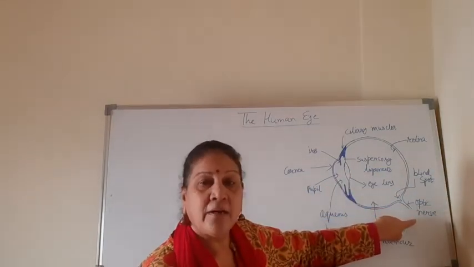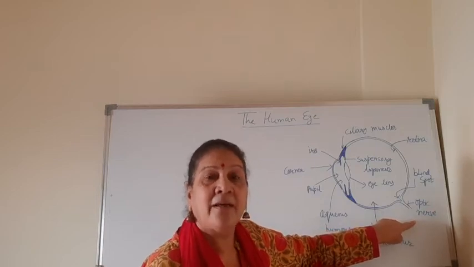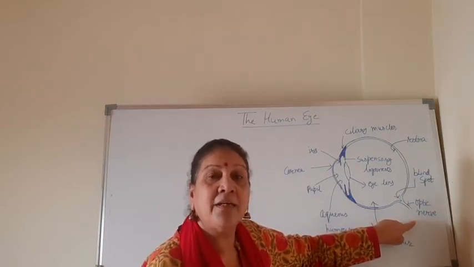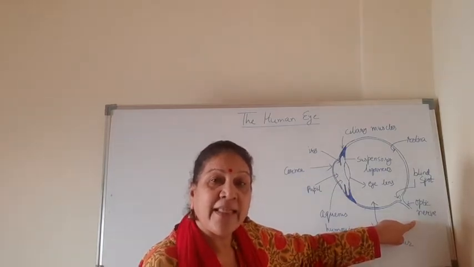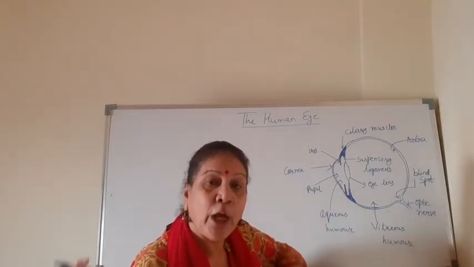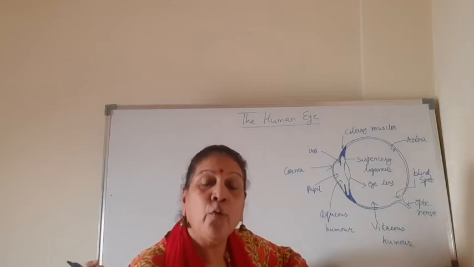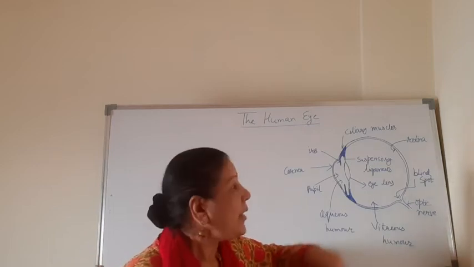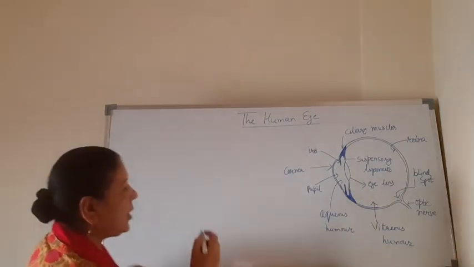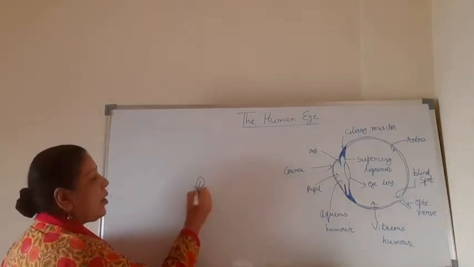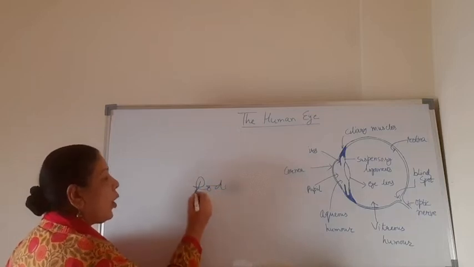The retina converts the images to electric signals, and these electric signals go to the brain through the optic nerves. In the retina we have different types of light sensitive cells, which are rods and cones.